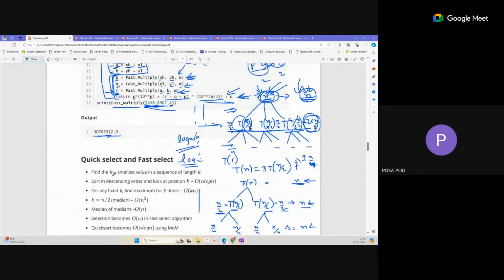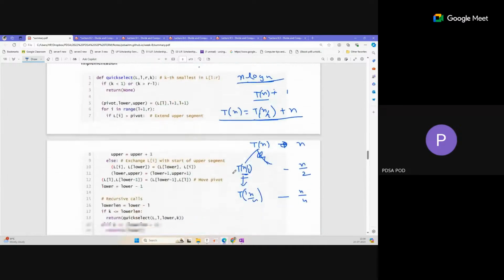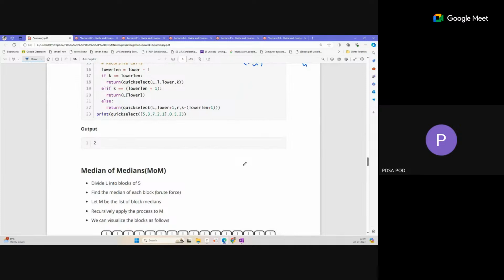Okay, so the next algorithm is quick select and fast select. What is quick select and fast select? Here we are searching for some element. The goal of this algorithm is to find the kth smallest element or kth largest element in an unsorted list.